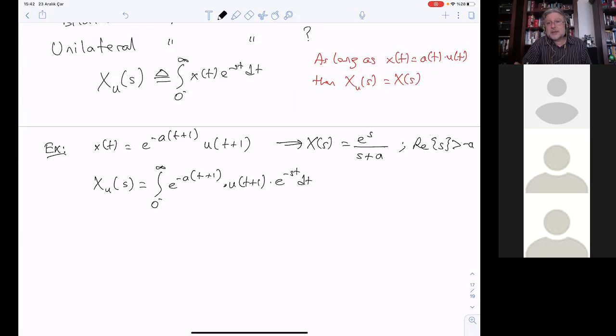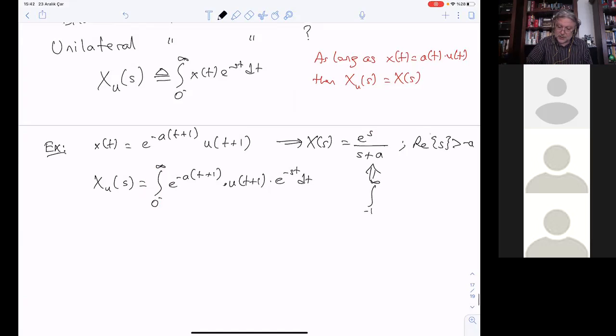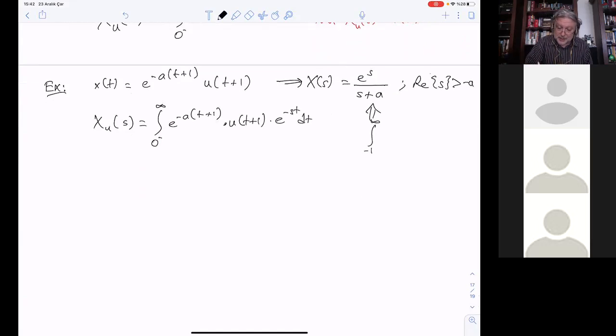In fact, that is the critical thing that makes the difference. In the bilateral one, the integration was from minus 1 to infinity, because the signal is from minus 1 to infinity. But here, as you see, the integral now starts at 0. That gives us the difference between the unilateral and the bilateral Laplace transform.